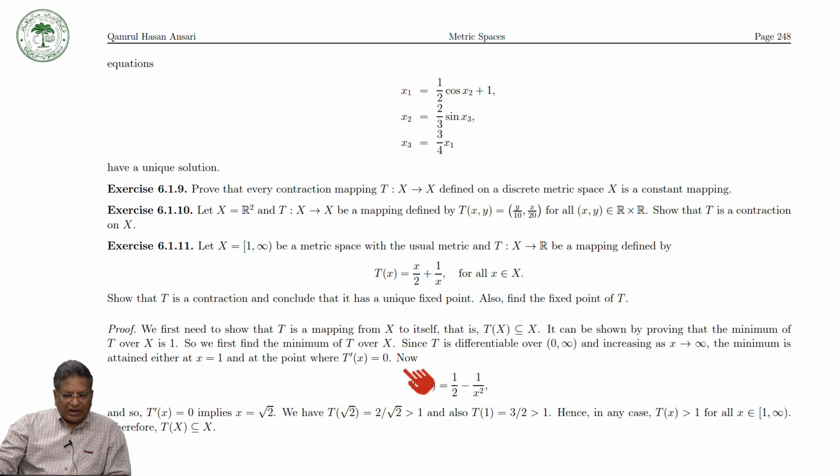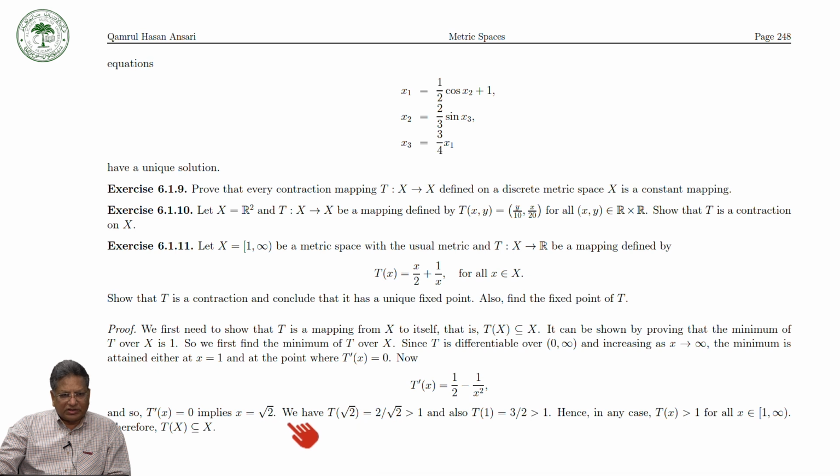Now you can take the derivative of the function, which is 1/2 minus 1/x². If the derivative is equal to 0, then we get x equal to root 2. T of root 2 is equal to 2/root 2, which is greater than 1, and also T of 1 is equal to 3/2, which is greater than 1.